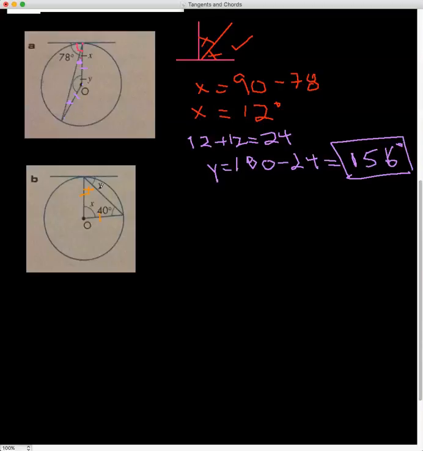So I'm ignoring y for now, I'll use it after, but I can figure out that if I go 180 minus 40 degrees, and I subtract another 40 degrees from this angle, then we should get x. And if you do that, you get 100 degrees is equal to x. So we know that this is 100 degrees here.